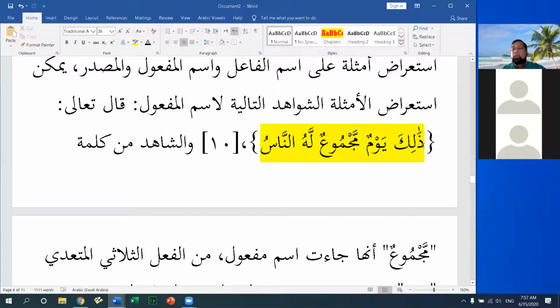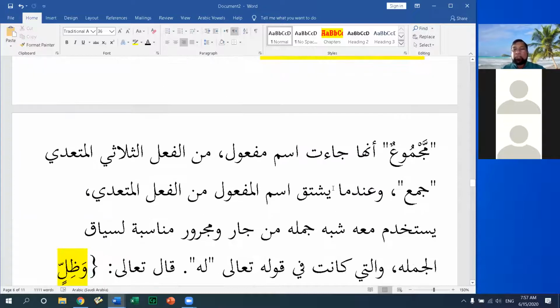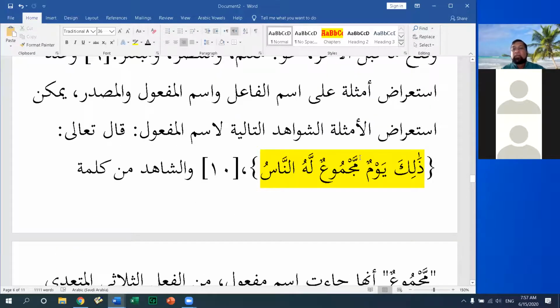Another example, ذلك يوم مجموع له الناس وذلك يوم مشهود. That was another example. They cut off the ayah. Allah says that is a day مجموع له الناس, that will be gathered for it.